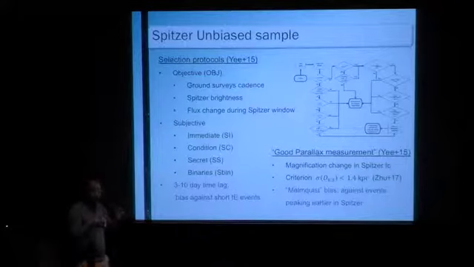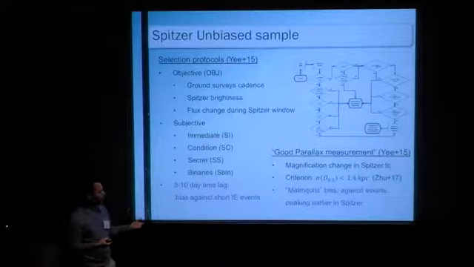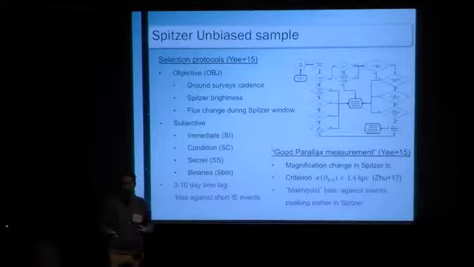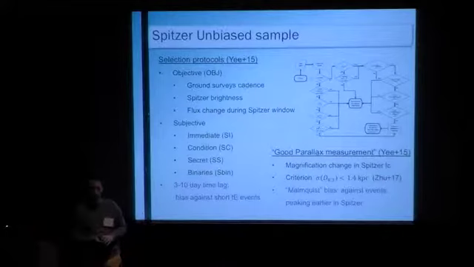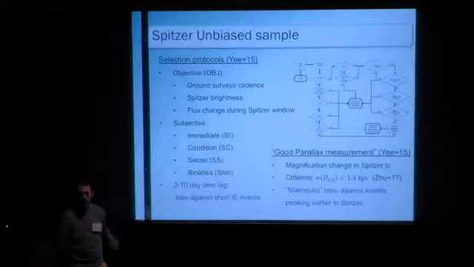To understand, we need some signal in the Spitzer light curve, some slope, some magnification change. Events that peak much earlier in Spitzer may go back to baseline by the time we observe them, so we will not include them in our sample. But again, those two biases are not affected by the presence of a planet, so it's fine.